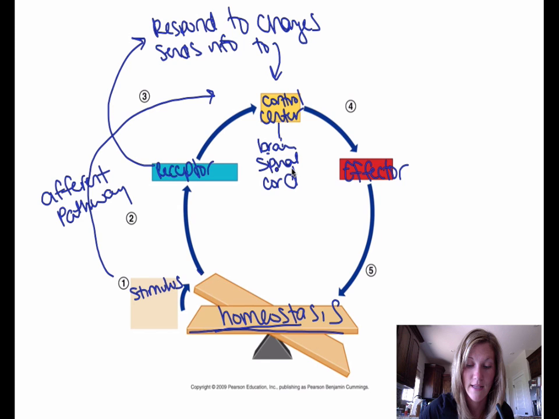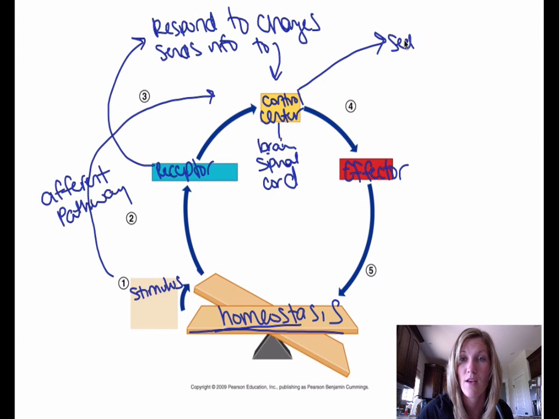The control center is going to function in determining the set point. Set point means whatever the body considers to be normal. So for example, our normal body temperature is 98.6 degrees Fahrenheit.